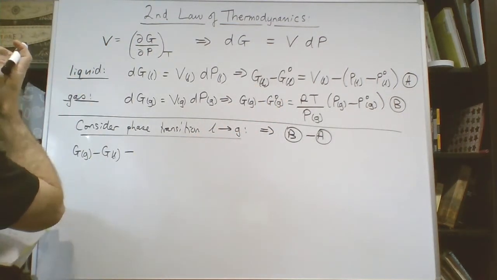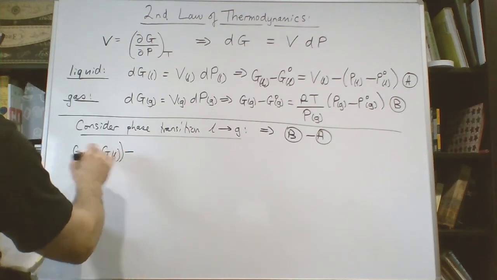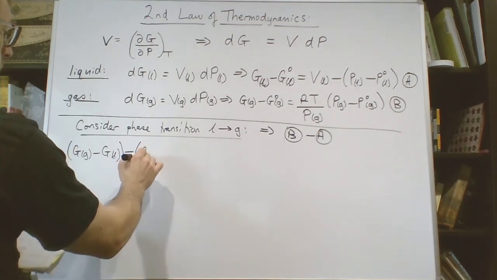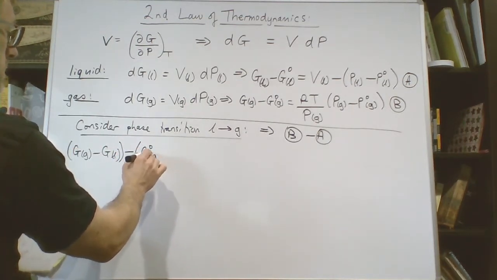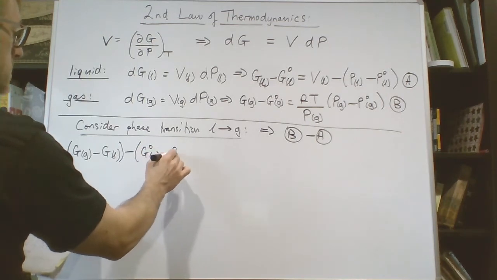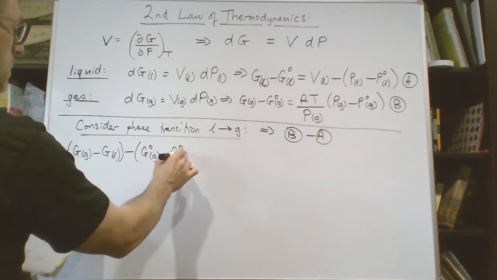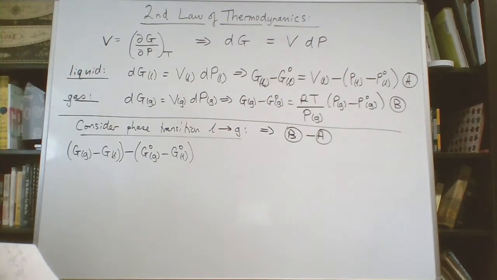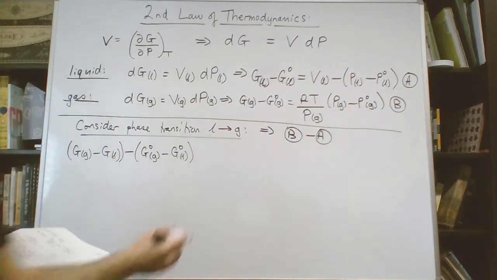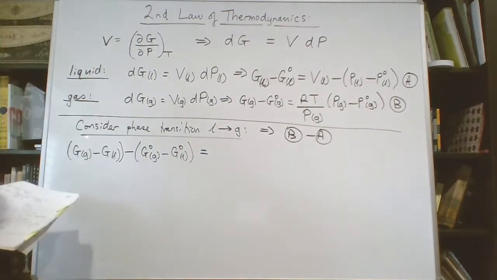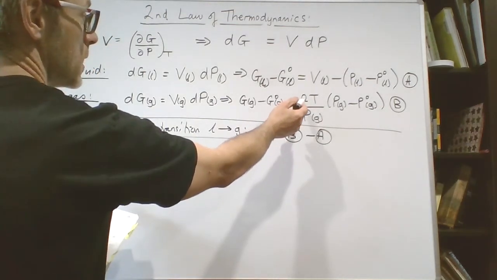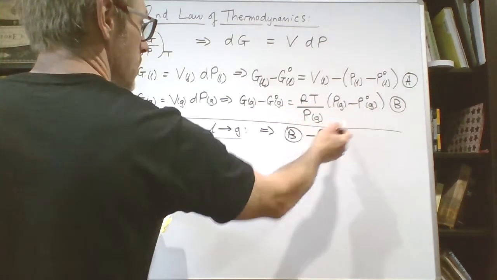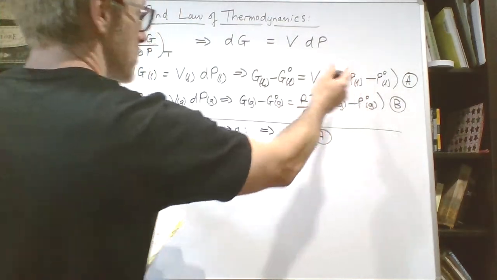So minus standard Gibbs energy in the gas minus standard Gibbs energy in the liquid. So that's this term minus that term, and that equals this term minus that term.